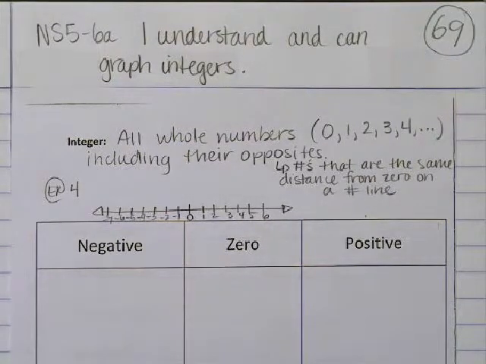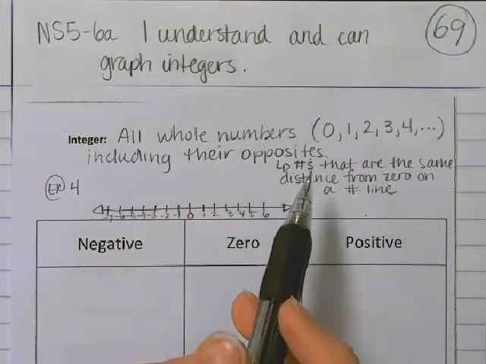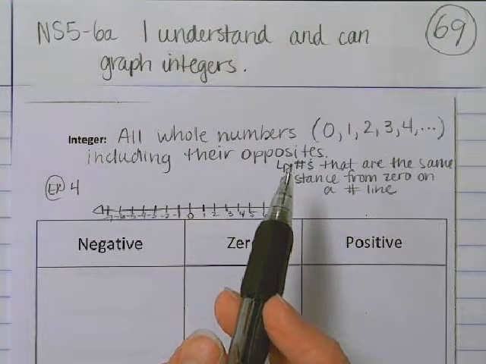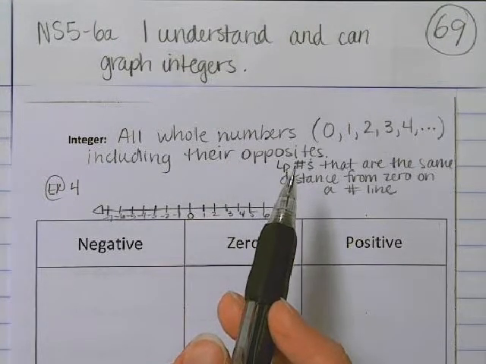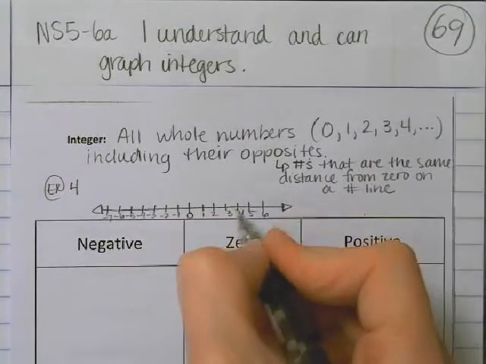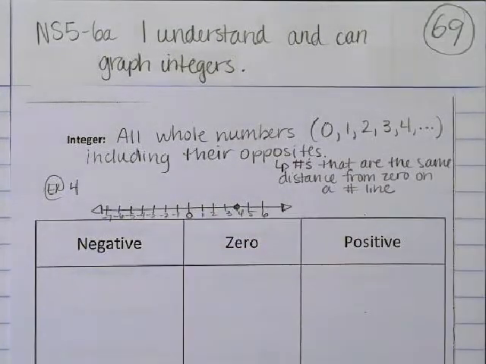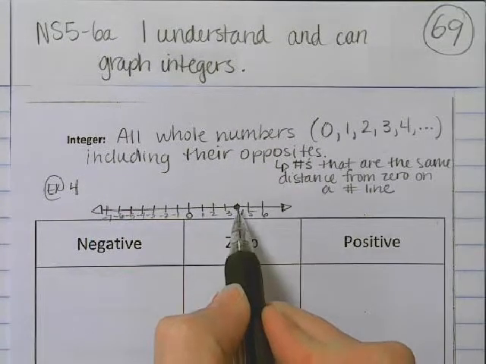I have $4 in my pocket. Well, obviously, if I have $4, the opposite would be me owing $4. Would you agree? Yes. So in this case, if I were to graph the integer of 4, I can see that it is graphed here on this number line.